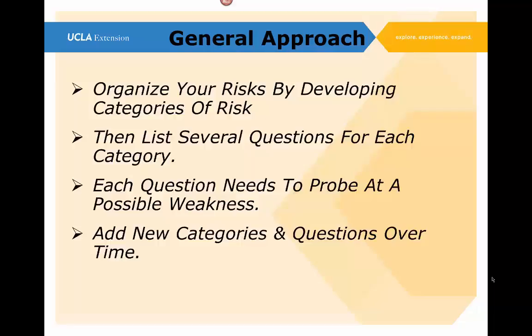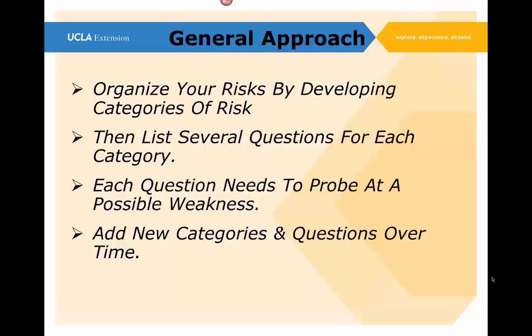It's also important that, given a number of risks and whether you're developing categories for them or not, you take a look at several questions. List a lot of questions for each category. Record the questions on each risk or each category to see what it fleshes out.